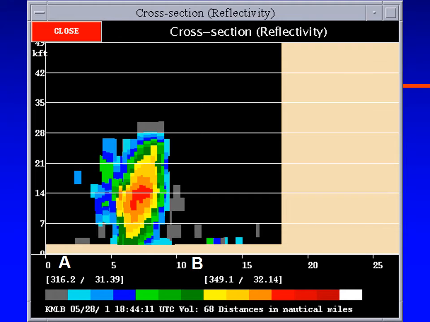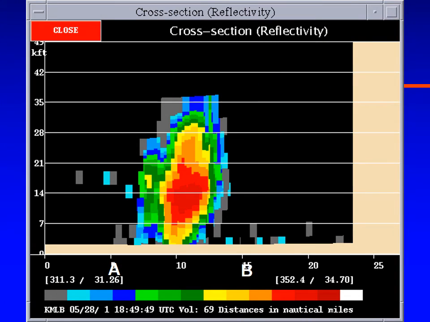Notice that the core is starting to stretch a little bit. You're starting to see yellow down towards the ground and also yellow starting to go up. In this case, the thunderstorm is just starting to go up through about 28,000 feet. So you can see that it's growing, but it's still not up to the tropopause, which we said was about 48,000 feet.